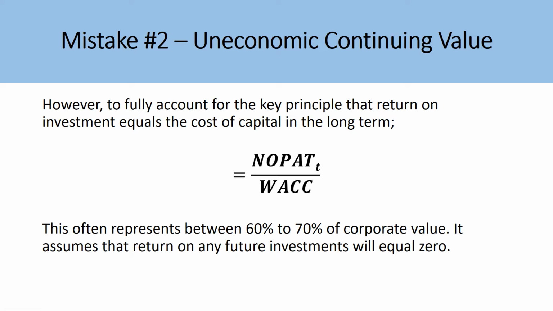It assumes that the return on any future investments will be zero. And that's in line with what we were already talking about in mistake number 1. Two-thirds of our projection value is okay to come from the terminal value, but the remaining third should come from our explicit forecast period, right? But when you're talking about assumptions, the Gordon growth method deviates away from what research has proven to us.